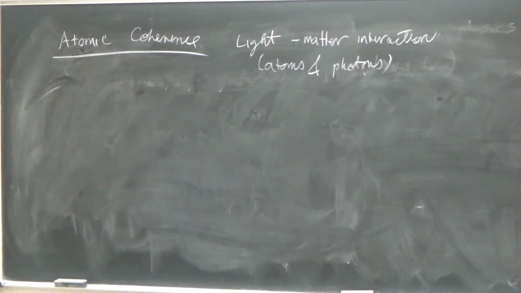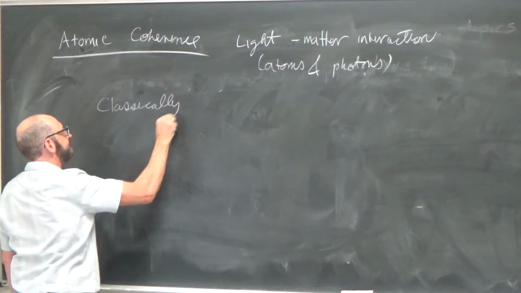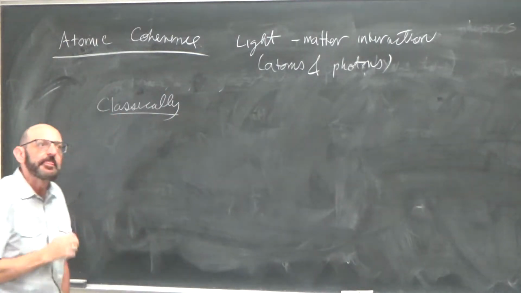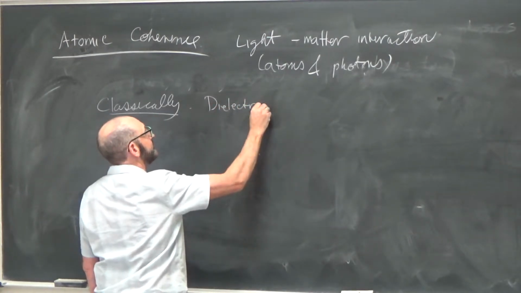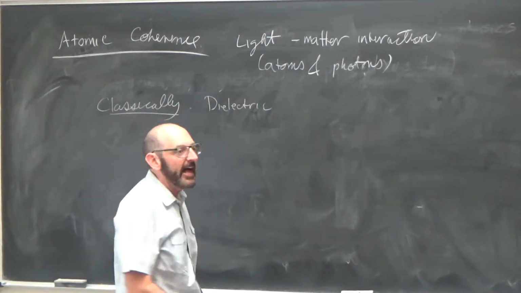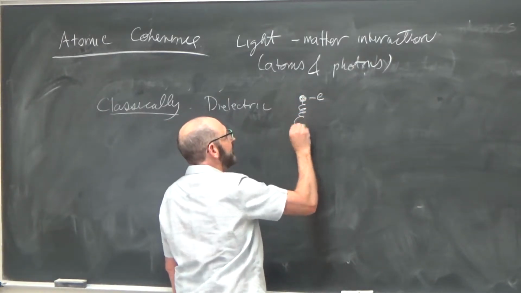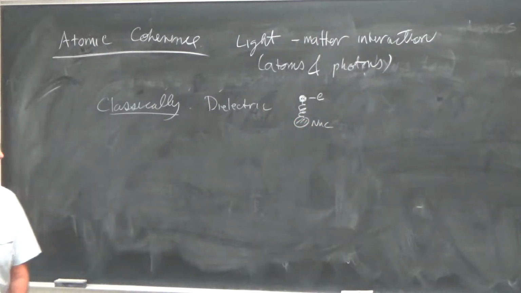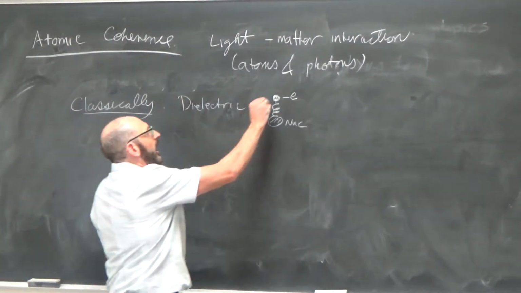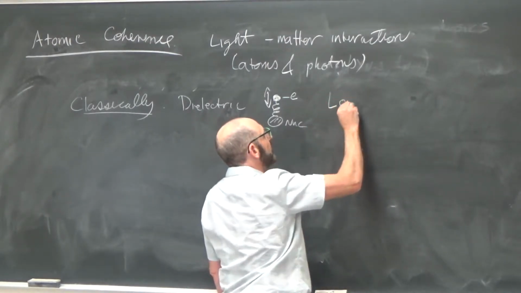When we think about light-matter interaction, classically, I might think about something maybe like a dielectric, where I have charges like electrons bound to nuclei, and I drive this system in some way. Think about this as a Lorentz oscillator.